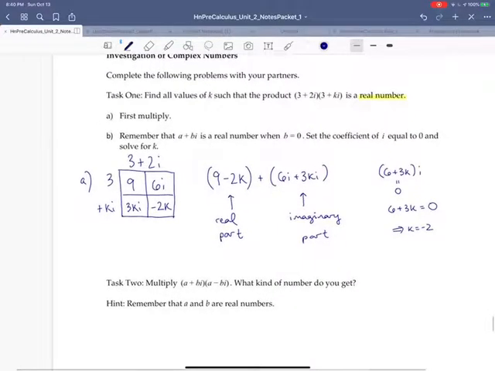So that means 3 plus 2i multiplied by 3 minus 2i is a real number. If we multiplied that out, the real number that we would get is 13. But you don't need to know that right now.